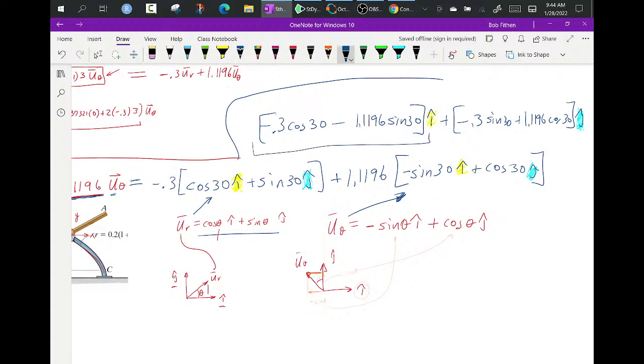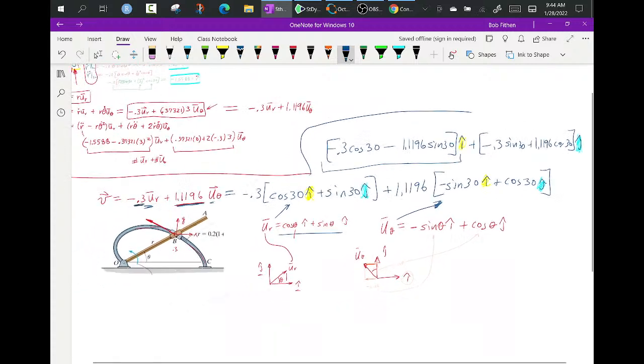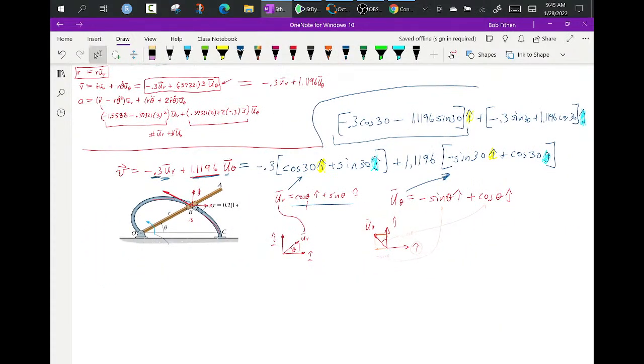So this brings up the point that UR and U theta are dependent upon theta.